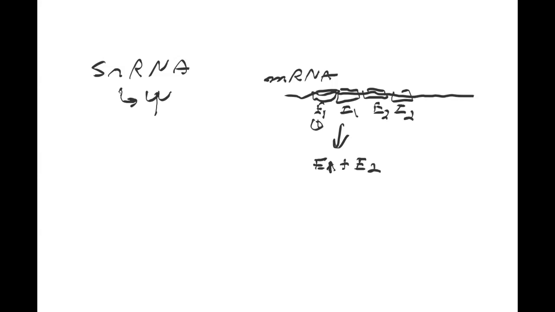So that means that we're kind of splicing this, and we're splicing this off, so we only have this and this, okay? So the snRNAs help with this splicing.